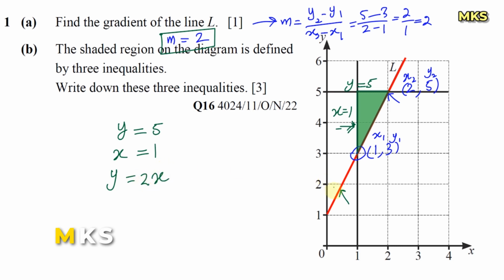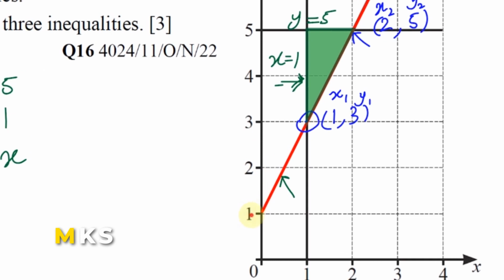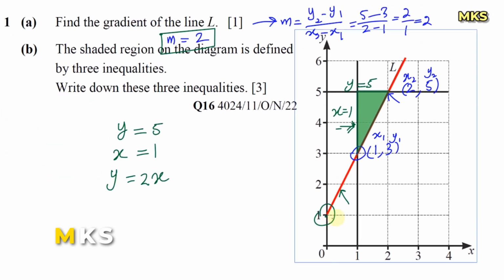Here you can see this line L is passing through 1 on the y-axis, which means its y-intercept is 1. So the value of c in the equation y is equal to mx plus c is 1. Y-intercept means where the line intersects or cuts the y-axis. So y is equal to 2x plus 1.